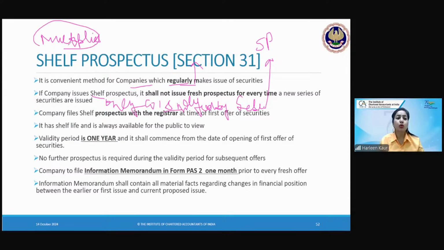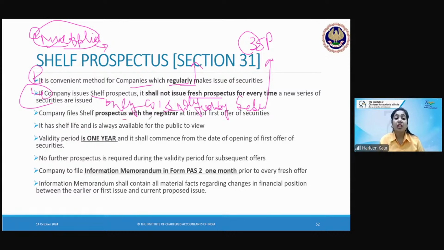Where the company wants to raise money from the public multiple times, then it can issue a shelf prospectus. So number one, it is a convenient method. Number two, multiple times. Number three, it shall be specified: only the SEBI notified companies can issue shelf prospectus. Number four, no need to issue a fresh prospectus every time.